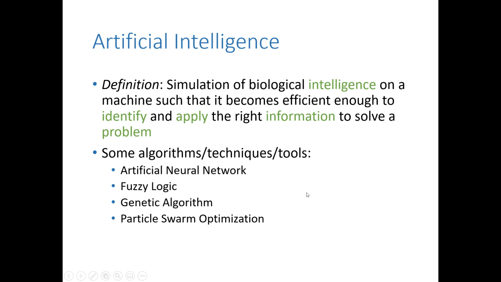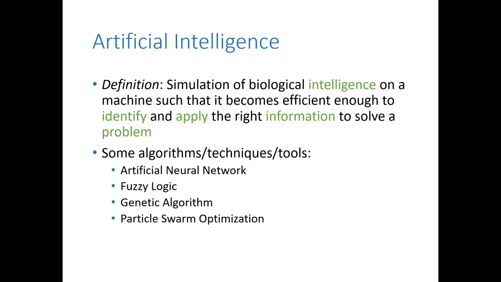Recall the definition of artificial intelligence: it is the simulation of biological intelligence on a machine such that it becomes efficient enough to identify and apply the right information to solve a problem. Some algorithms, techniques, or tools of artificial intelligence are artificial neural network, fuzzy logic, genetic algorithm, particle swarm optimization, and so on.